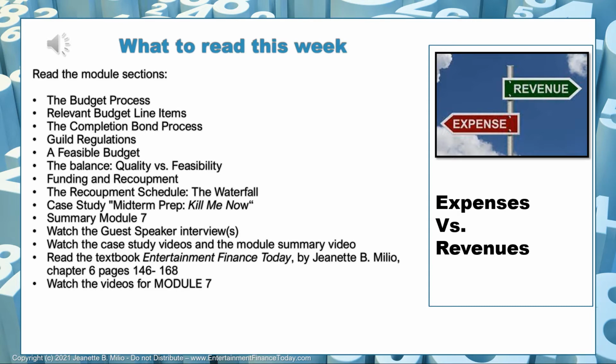Watch the summary module video, which is the very one you're watching right this minute. Watch all the guest speaker interviews, and of course the case study videos. Read textbook pages 146 to 168 in chapter 6, and feel free to look at the list for the videos of module 7.